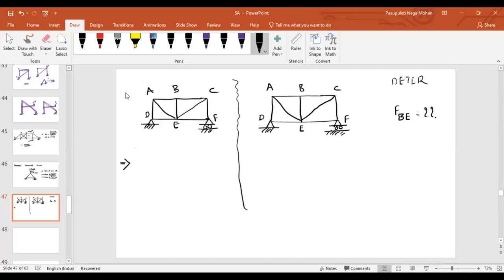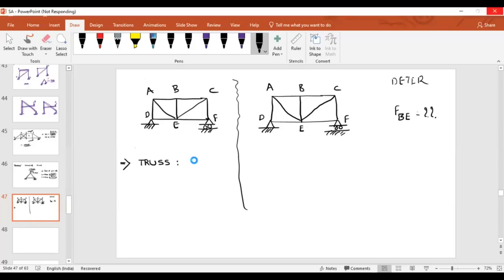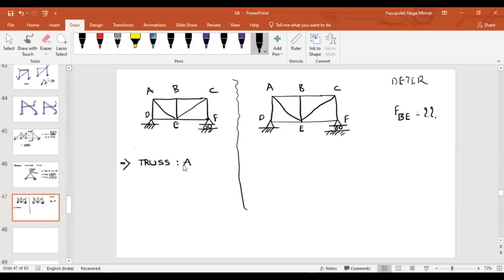before going on to further discussions, as these are truss members, they will resist which type of forces? Only axial force. They will resist only axial forces, isn't it? So how can I describe the axial force? Either I can describe that the members are in tension, or I can describe that it can be under compression, isn't it?